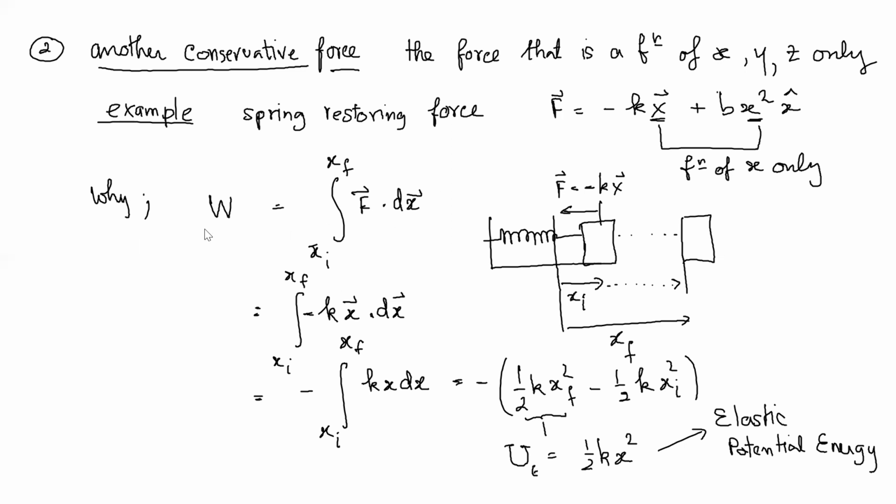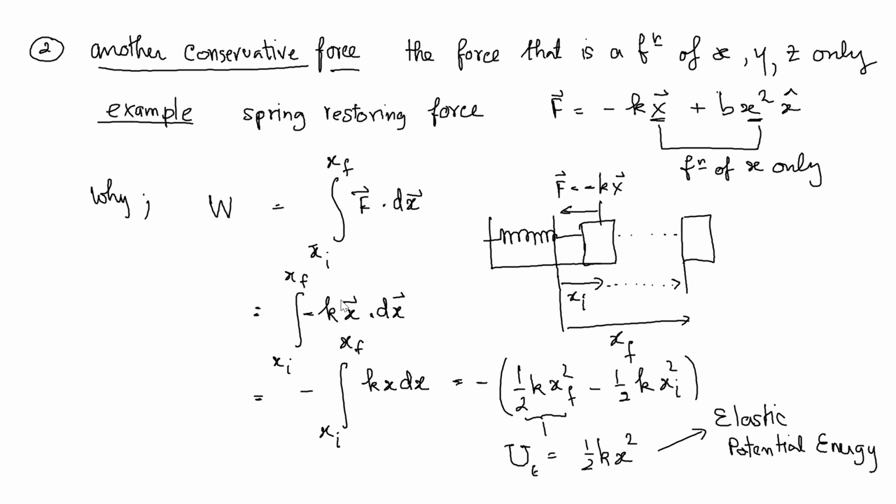And you see that the integration of minus kx dx, where x and dx are in the same direction, so it's minus the integral from xi to xf of kx dx.